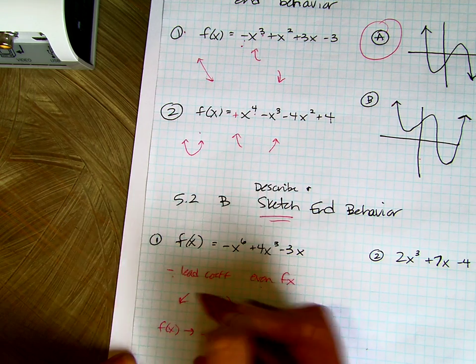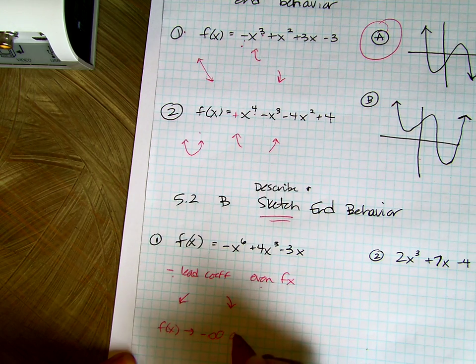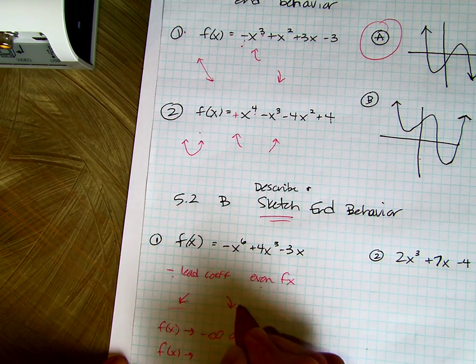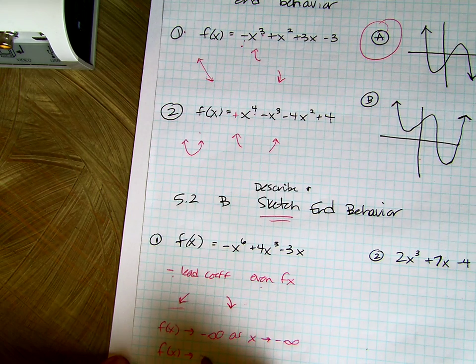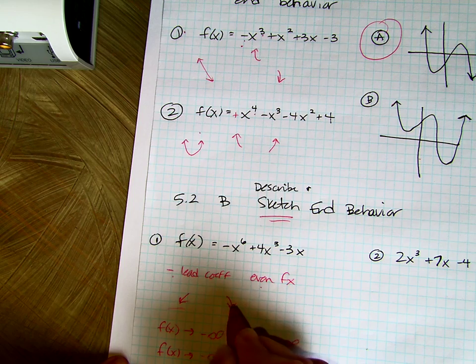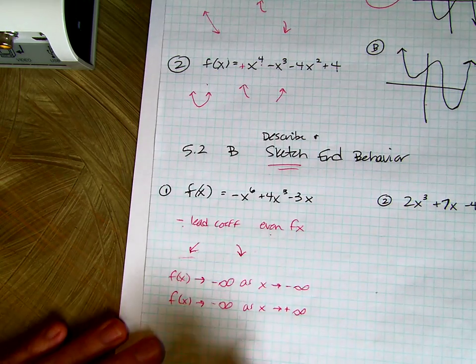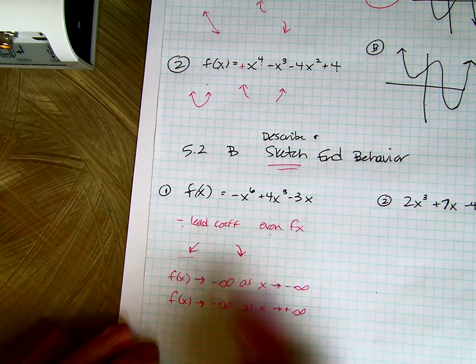It's going down as x goes to negative infinity. As I go to the left, my function goes down. As I go to the right, my function goes down. So my function's going to negative infinity as I go all the way to the right, that would be positive infinity on the x-axis.